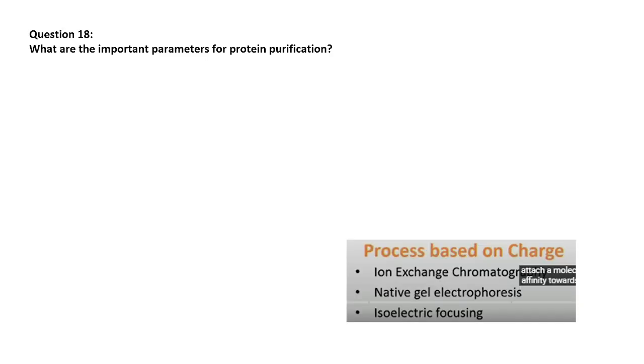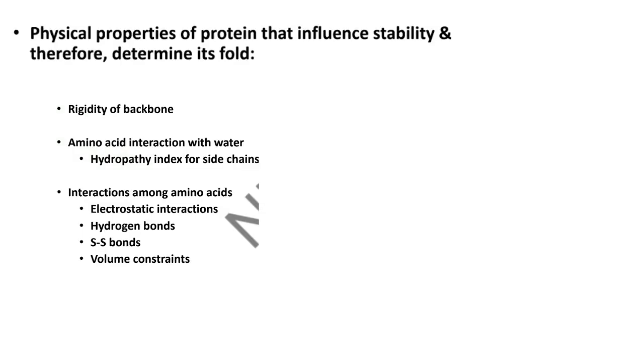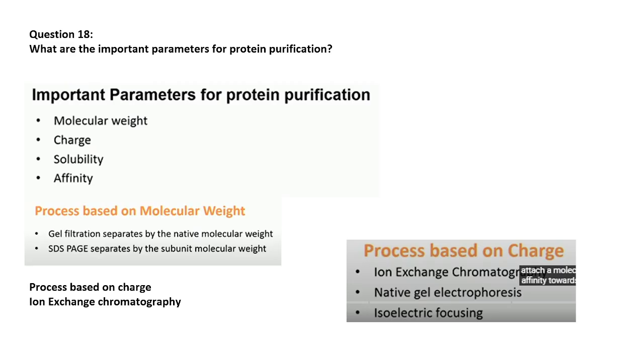What are the important parameters of protein purification? The important parameters of protein purification are molecular weight, charge, solubility, and affinity. These four are the important parameters. The process based on molecular weight is gel filtration, which separates native protein by molecular weight, and SDS-PAGE, which separates by subunit molecular weight.